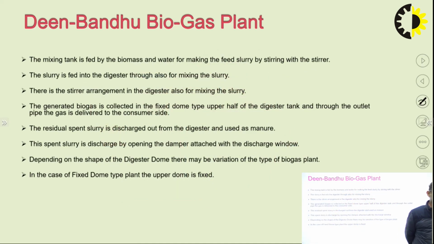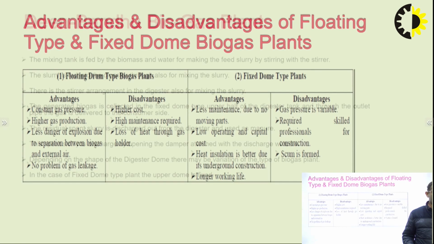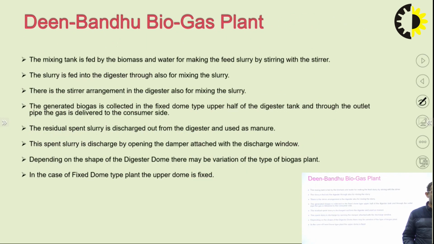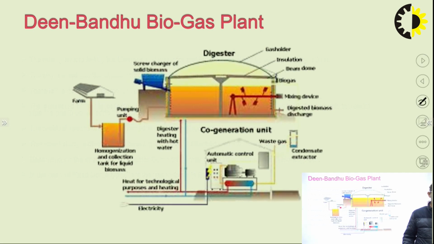Depending on the shape of the digester dome, there may be variation in the type of the biogas plant. In the case of the fixed dome type plant, the upper dome is fixed. So this is the form, this is the digester, okay.